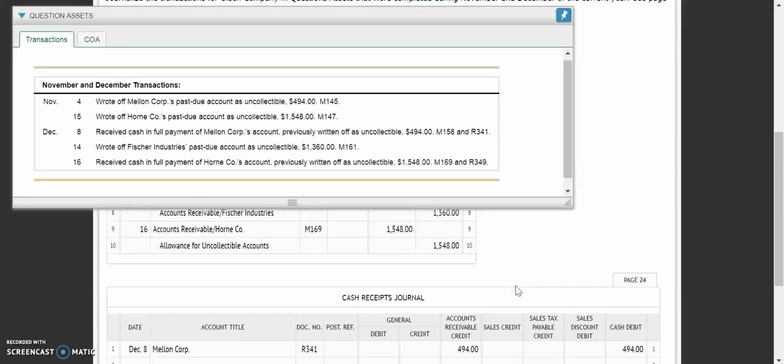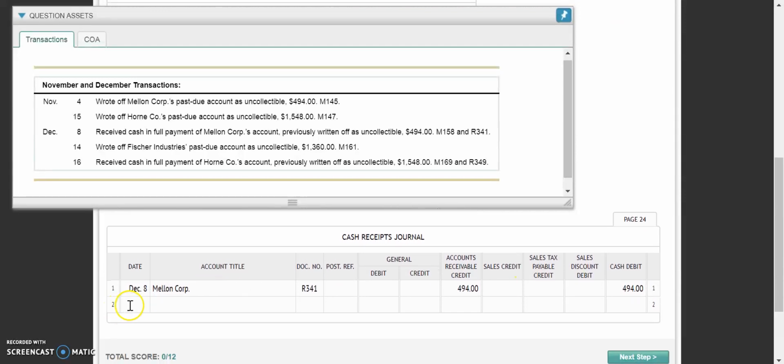And then we head down to cash receipts. All we need to do is plug in the 16th. Again, our account title is for our customer. So our customer in this situation is Horn Company, R349. And then we go over to accounts receivable. Remember, the 1,548 is being credited both to accounts receivable and to Horn & Company.